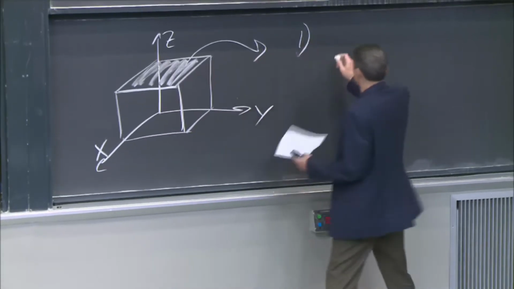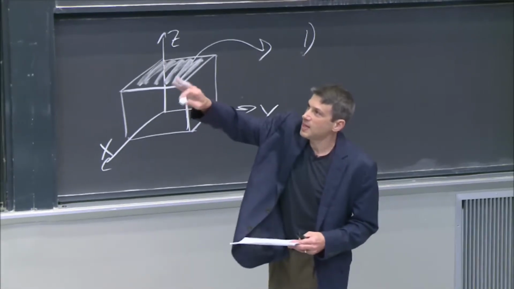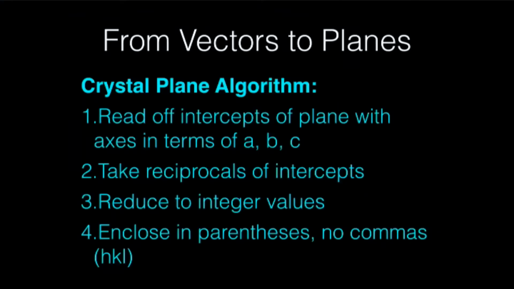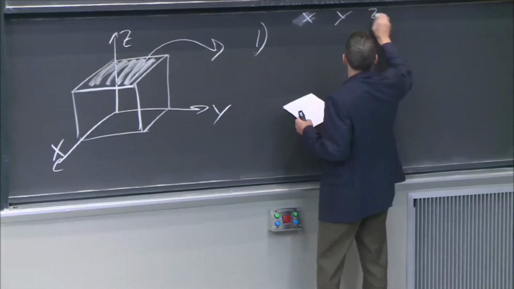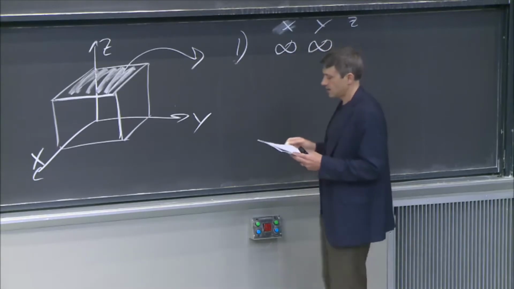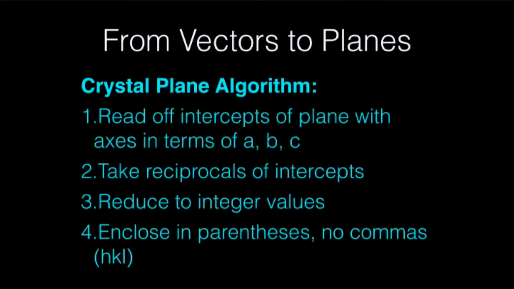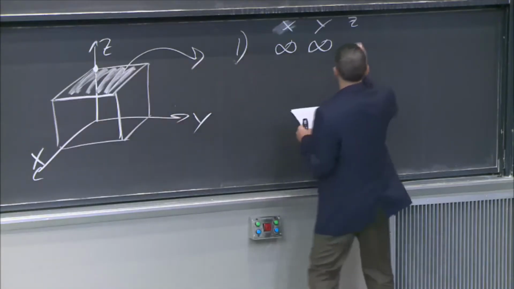And so the intercepts, for the a, b, c intercepts, we can write those here. I'll write the x, y, z intercepts the same way. It's infinite. And it's infinite. Right? And then for the z, here I'm intercepting at this part of z, so I'm intercepting at 1.